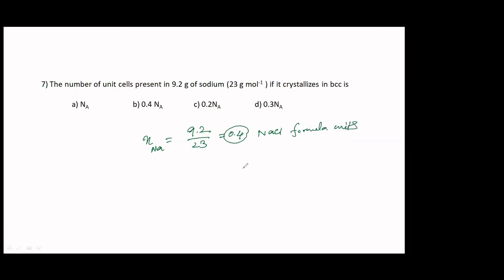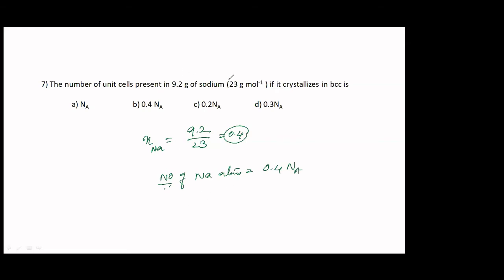Okay, but sorry, not NaCl, Na. Sodium atoms are there. It is Na they have given, not NaCl. These many atoms of sodium you have. So if you multiply it by Avogadro number, the number of Na atoms should be equal to 0.4 into N_A.